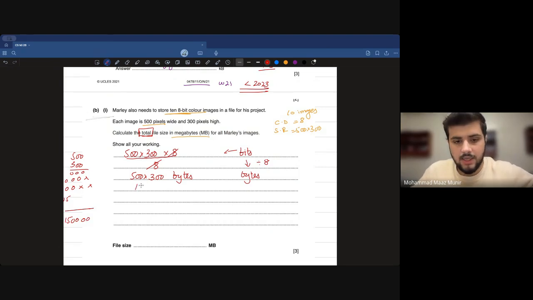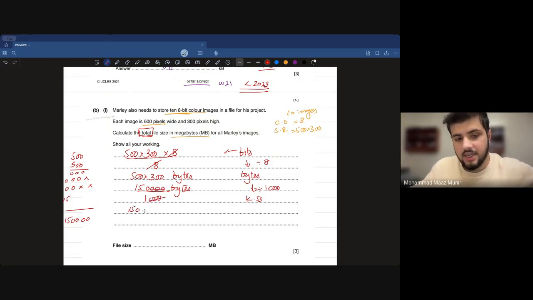So this many bytes, 150000 bytes. But now I need to convert this into kilobytes, so divide by 1000. These three zeros go, and I get my answer as 150 kilobytes. But now it's asking in megabytes, so I would have to divide it again by 1000.